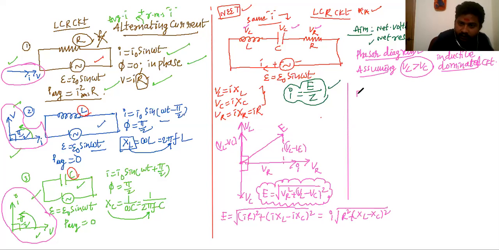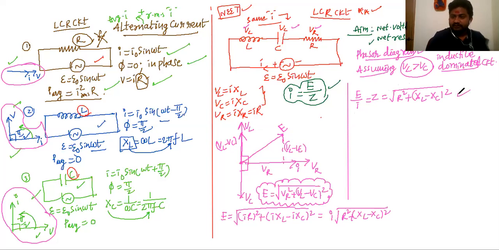So what can I write? E by I is equal to Z. That is, E by I is the resistance, so what is the Z value here? It is the square root of R square plus XL minus XC whole square. This is the impedance of the circuit.